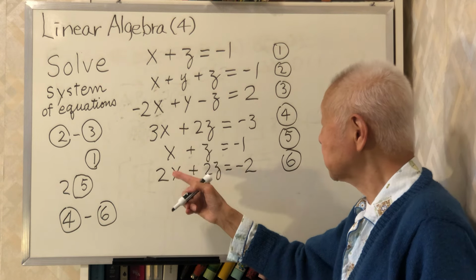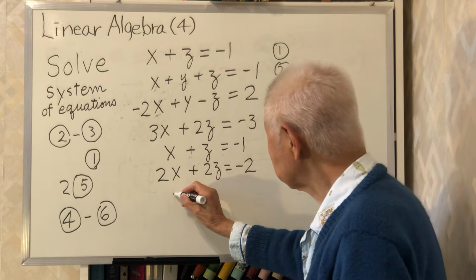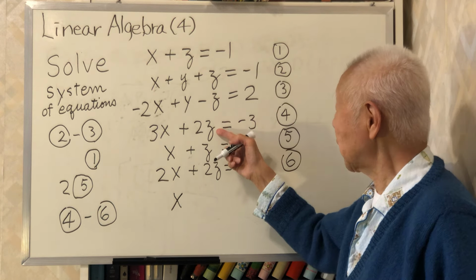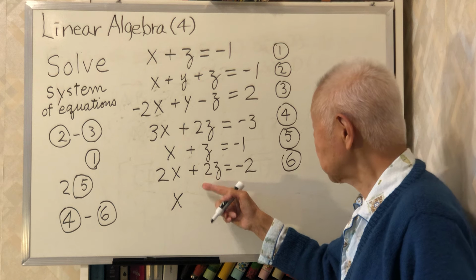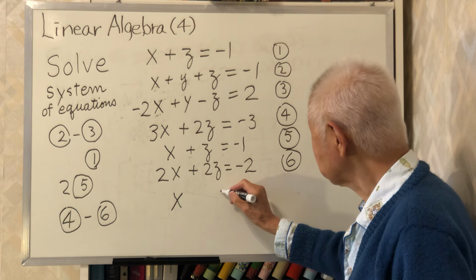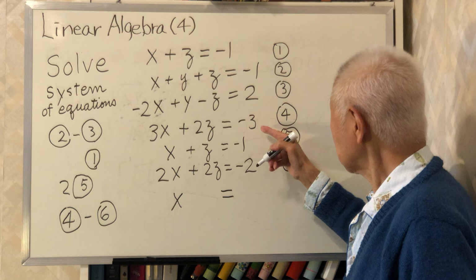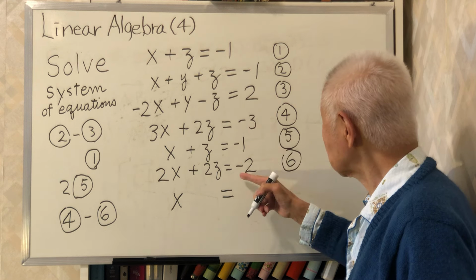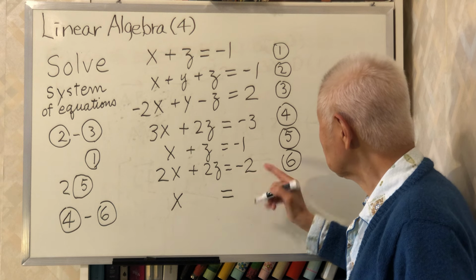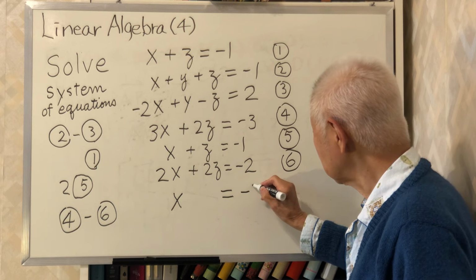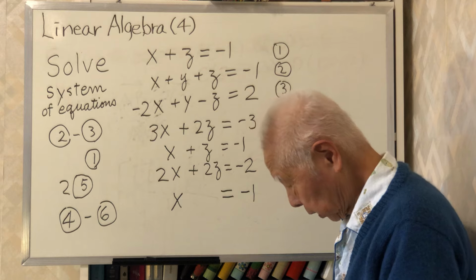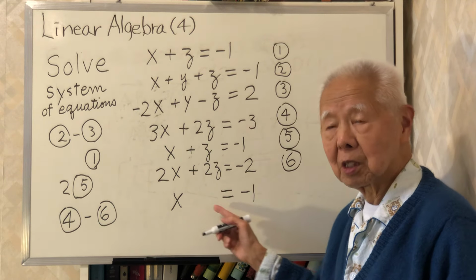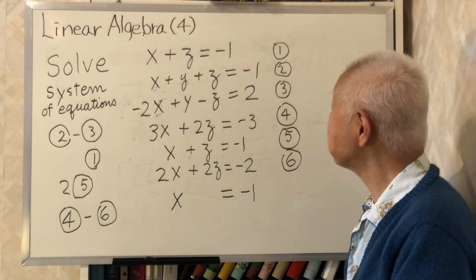Three x minus 2x. 2z minus 2z. It's gone. Minus 3, subtract minus 2 is minus 1. Therefore, I have x equals minus 1.